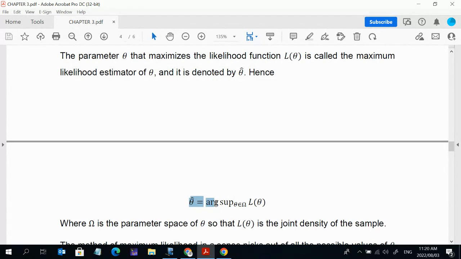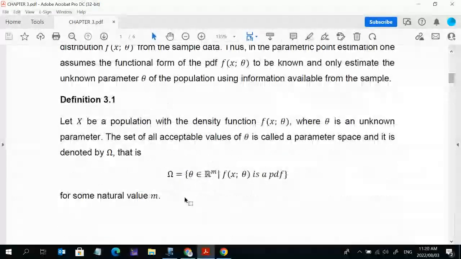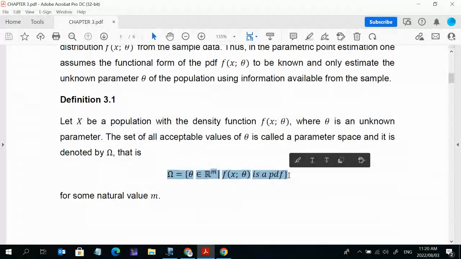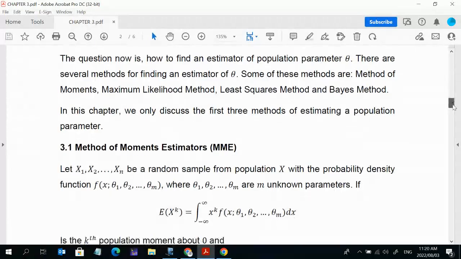Theta hat is nothing but the supremum of the likelihood function over the parameter space, which is the smallest upper bound in the set.